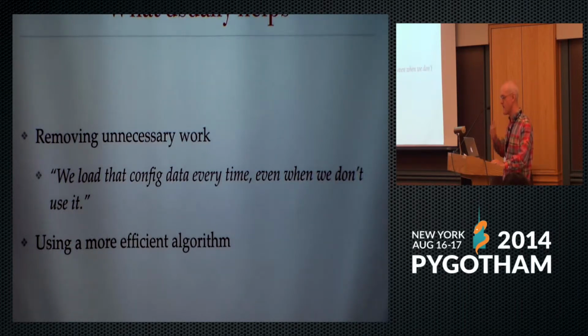And then a few words about what usually helps. One big thing is removing unnecessary work. So you might be using a top-down approach and discover, we're loading this config data. We only use it on like a quarter of our requests. So maybe you can put in some conditional code and only load that when you need it.